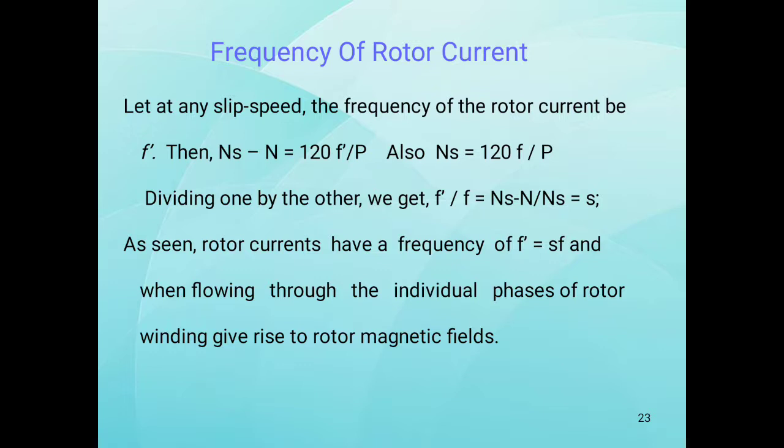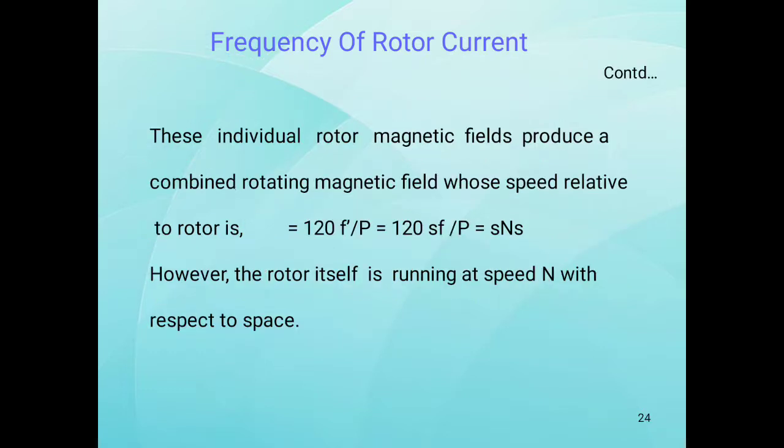As seen, rotor currents have a frequency F dash equal to S F, and when flowing through the individual phases of the rotor winding, give rise to the rotor magnetic field. These individual rotor magnetic fields produce a combined rotating magnetic field whose speed relative to the rotor is 120 F dash by P, that is equal to 120 S F by P, that is S times Ns. However, the rotor itself is running at speed N with respect to space.